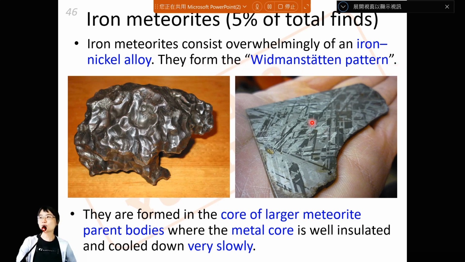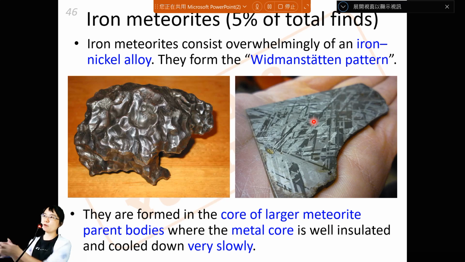Otherwise, you might think, why isn't this produced on Earth? But when you slice it open, you will see this kind of pattern. This pattern, based on some experiments, can only be formed in the core of larger meteorite parent bodies where the metal core is well insulated and cools down very slowly. Then you will have this pattern.